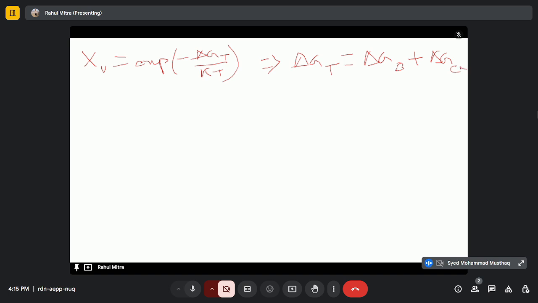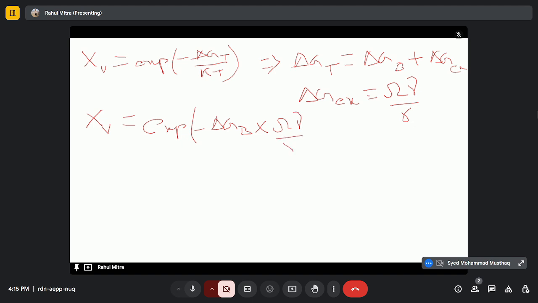The delta G bulk will remain as delta G. Then delta G excess will be substituted here as omega times surface energy by R. So XV is equal to exponential of minus delta G bulk into gamma by R.